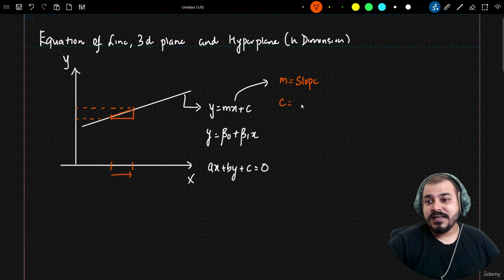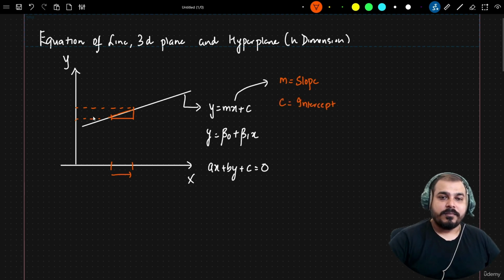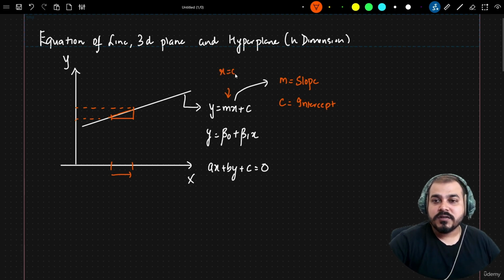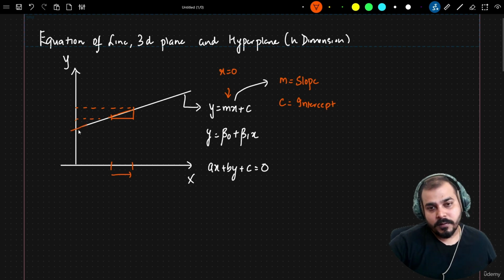What about c? C is called the intercept. Now when I talk about c, let's consider that in this equation, my x value is 0. Where does this straight line meet the y-axis? If I draw this, it meets somewhere here, right?